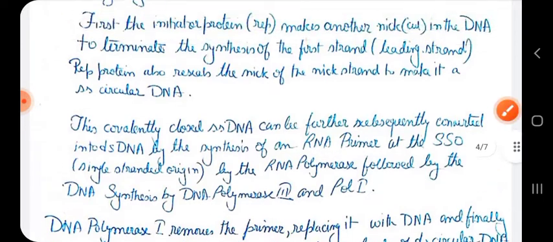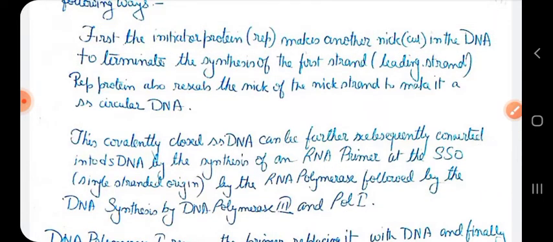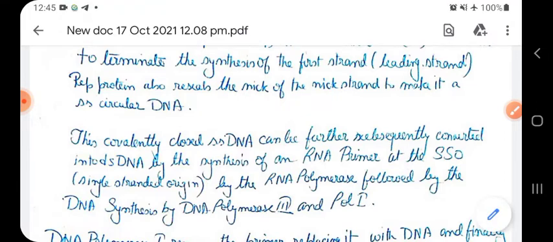So simple thing, the initiator protein makes another nick, thus we remove the whole displaced strand. That strand now becomes a single stranded circular DNA. That single stranded circular DNA is used by the RNA primase to create a primer within the single stranded origin, and then it is followed by DNA synthesis by polymerase 3 and polymerase 1.